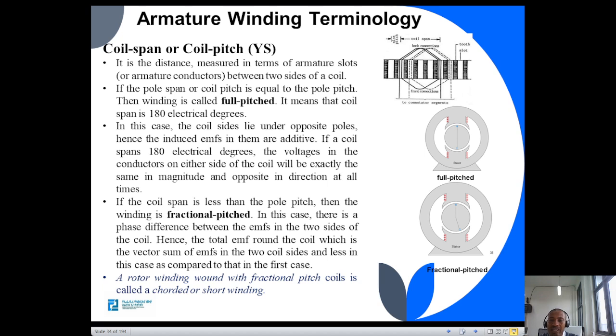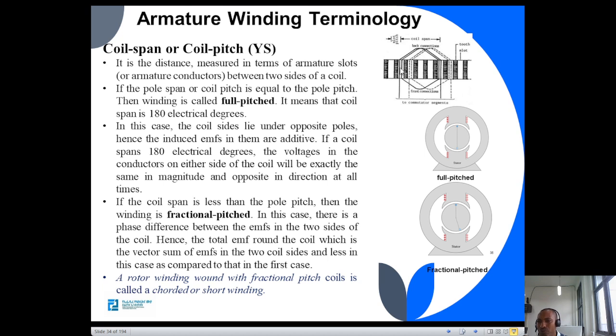Pole pitch. And the other important term in armature winding is coil span or coil pitch. It is the distance measured in terms of armature slots between two sides of the coil. See this? This is our armature slot, and this is one coil. This is the first coil side, and the other end is this one.